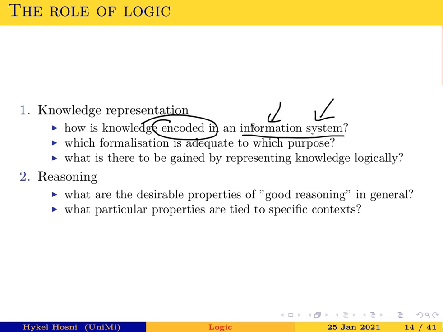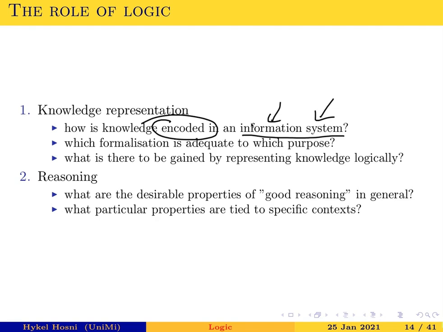Once you've chosen this representation, are all representations which are possible equally good to that purpose? That's a slightly more complicated question, which will be illustrated with examples during the course. But it's a very important one.